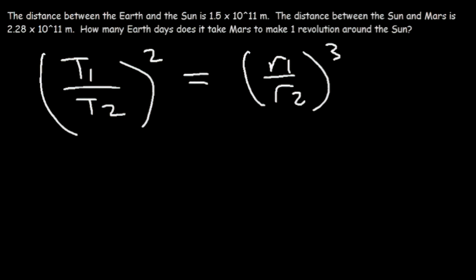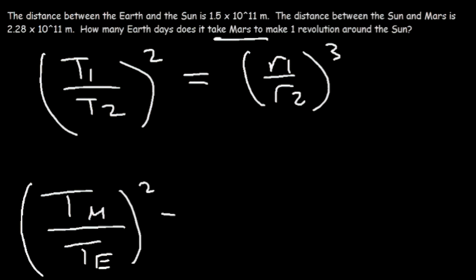So now let's use subscripts to represent Earth and Mars. Our goal is to find the period of Mars in days. So instead of writing T1, we're going to write Tm for Mars, Te for Earth, Rm for Mars, that's the orbital radius of Mars around the Sun, or basically the distance between Mars and the Sun, and then Re, the distance between Earth and the Sun.